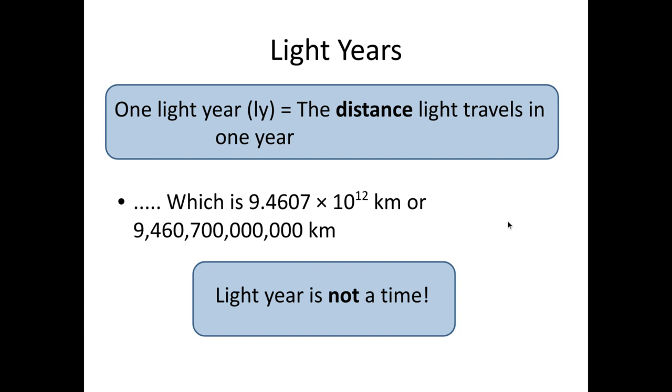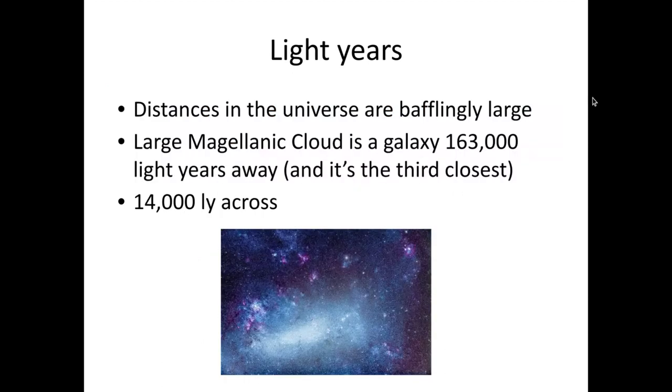Okay, this is not how far light travels in 8 minutes. This is how far light travels in an entire year. Okay, so it's a really, really long way. But in the universe, this is a very short distance. Okay, so the sizes in the universe are almost impossibly large to imagine.